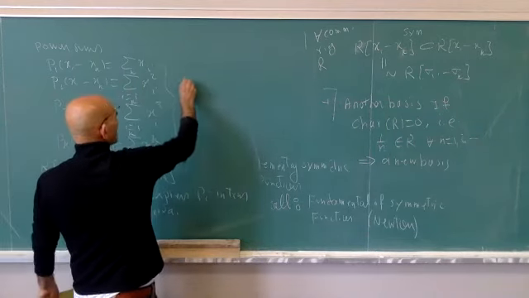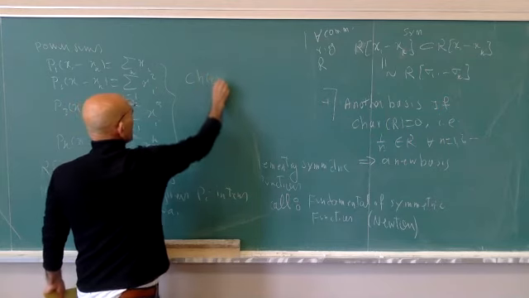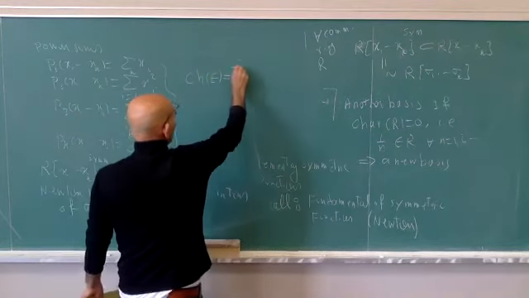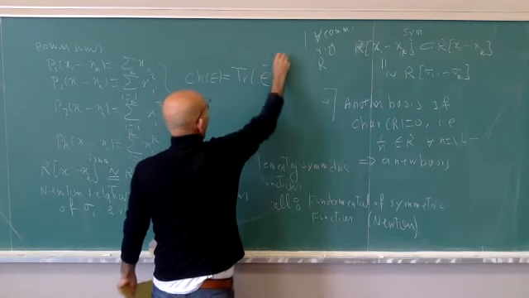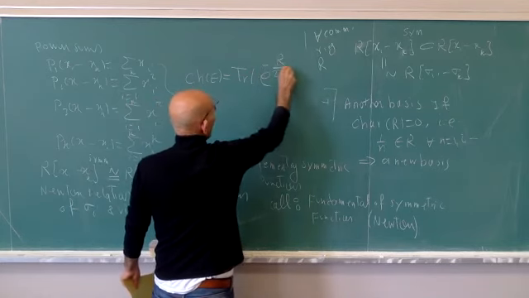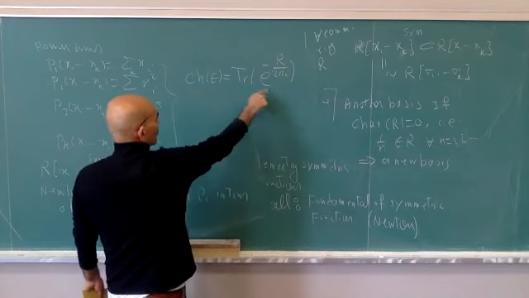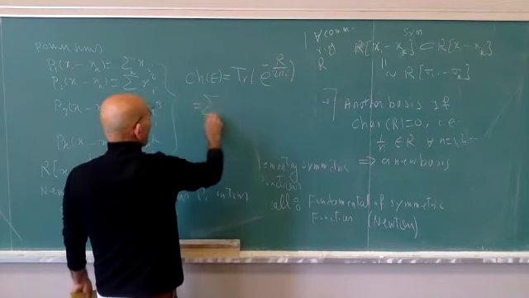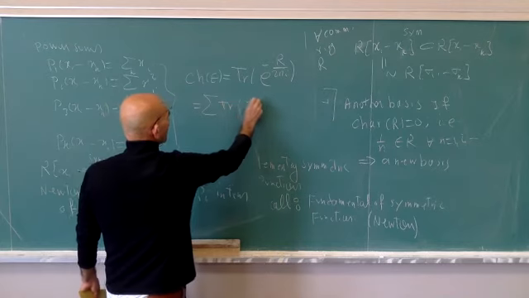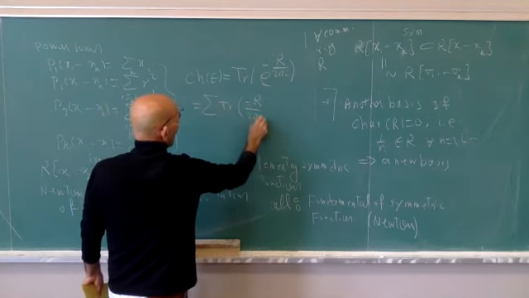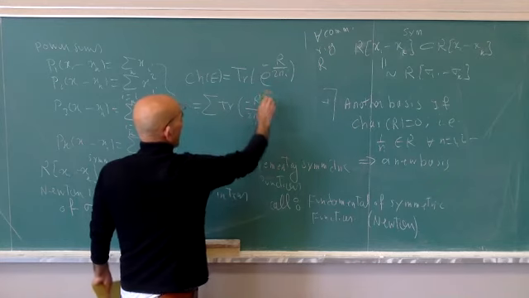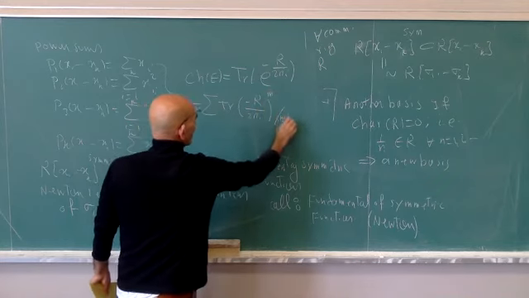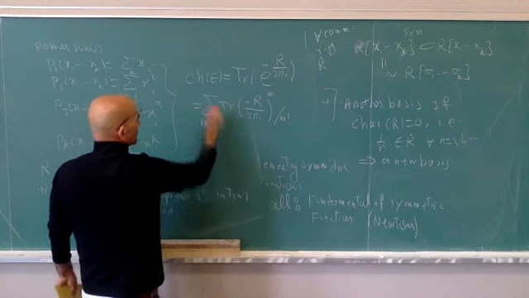We define the Chern character of E to be equal to the trace of the exponential of minus R over 2 pi I. If you just write this down, this is the sum of the trace of minus R over 2 pi I to the power m divided by m factorial, m from 0 up to infinity.